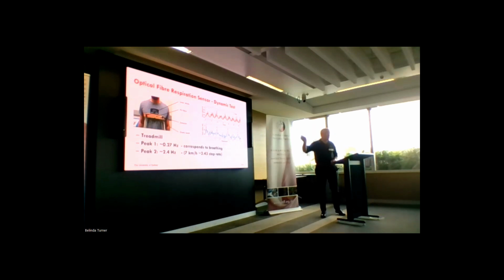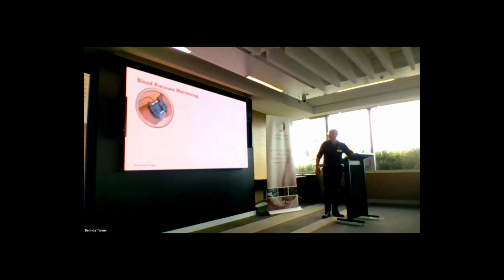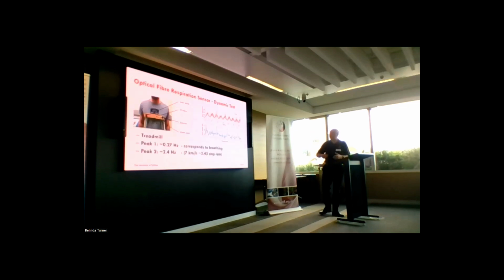So with a very, very simple system, we were able to pick up 2 physiological things there. The other peaks are just harmonics. So that was cute. I'm not sure that it will change the world, being able to integrate into someone's shirt the ability to measure their breathing and how fast they're walking, but it could.